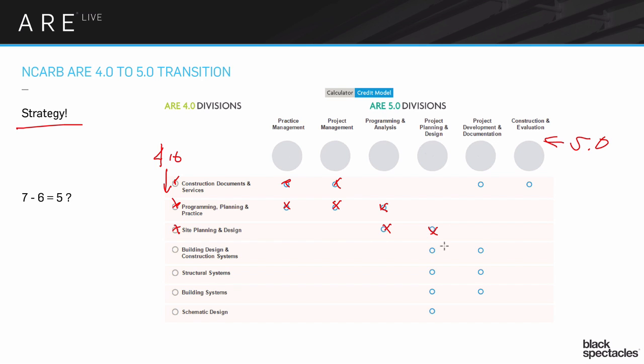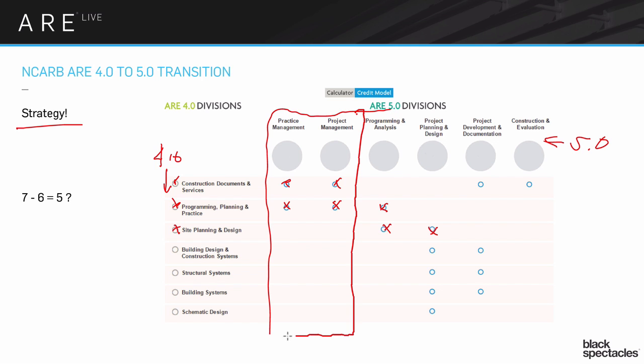So that's not helping me a heck of a lot, but these other ones here, I have now, by taking those three, I have fully taken those two plus that one. So I have three that are done, and I have three that are left.